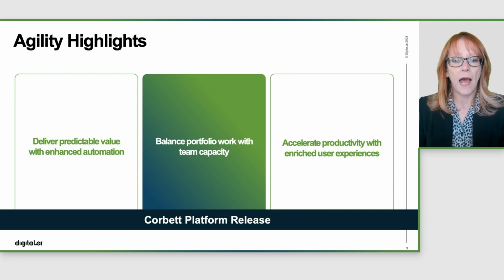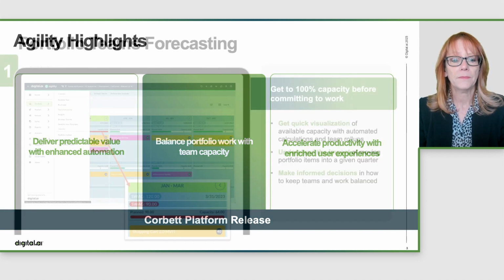Next, we'll discuss how we're fostering more collaboration directly in team rooms. Our last highlight covers how we continue to strive for excellence in user experience by presenting persona-based actionable insights for the Scrum Master and DevOps Manager, as well as an overall better product onboarding experience when getting started with Agility for the first time. Let's take a closer look.